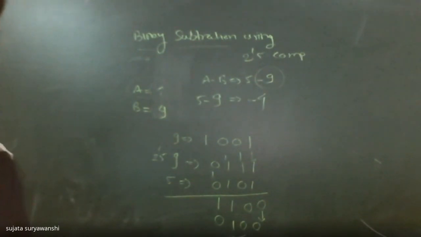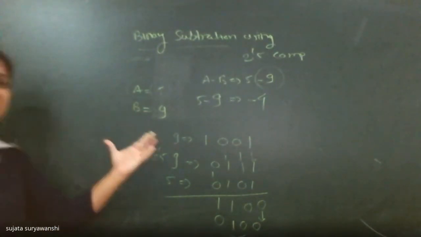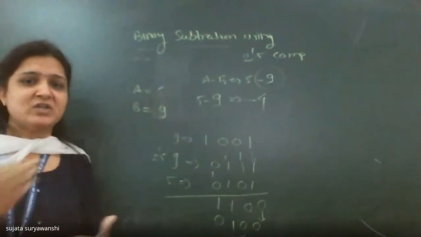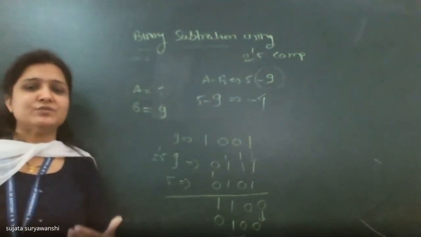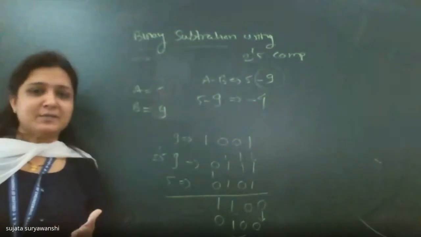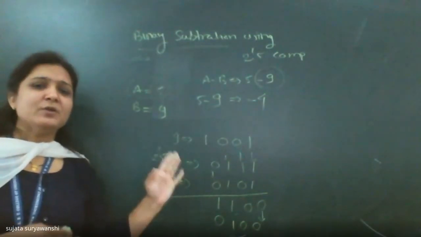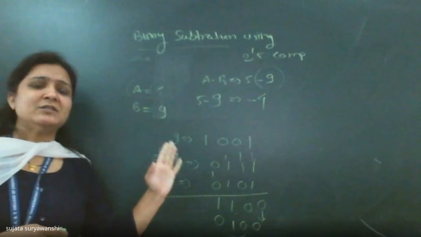Similarly, for subtraction also, we are using the same procedure. Means what? In case of binary numbers, we are not using the actual subtraction as we have used in the decimal number system.